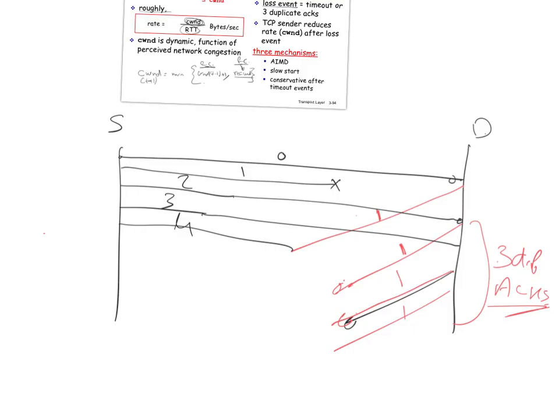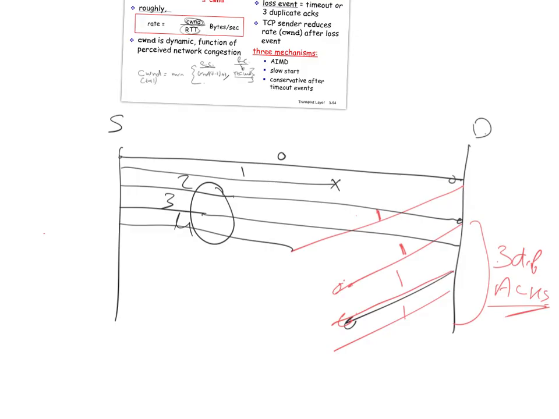Probably no. Why? Because there are some segments going through, right? So because there are some segments going through, that tells me that there is one packet drop, but that might be an intermittent event, right? But since I'm receiving duplicate acks, that indicates that other packets are getting through.